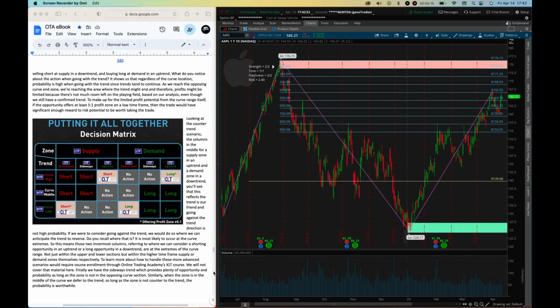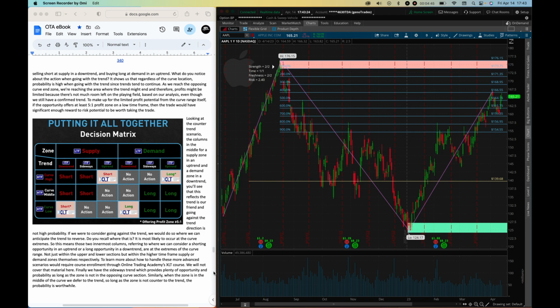It shows us that regardless of the curve location, probability is high when going with the trend, since trends tend to continue. As we reach the opposing curve end zone, we're reaching the area where the trend might end, and therefore profits might be limited because there's not much room left on the playing field based on our analysis, even though we still have a confirmed trend.